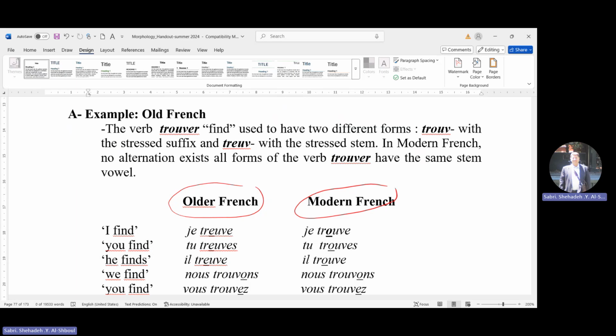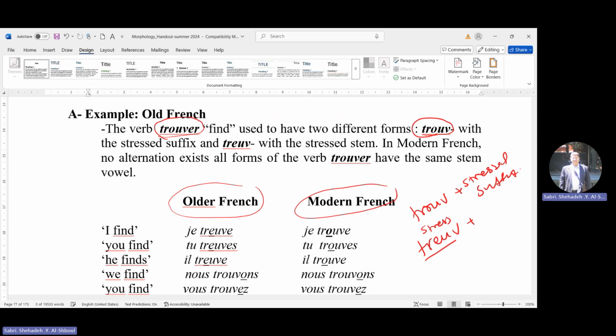In the verb conjugation, the lexical form trouver used to have two different forms: trouve with OU when it has a stressed suffix, and treuve with EU when the stem itself is stressed.